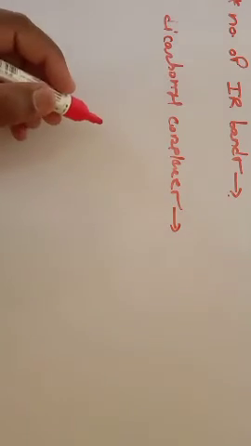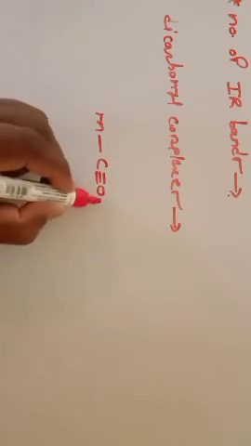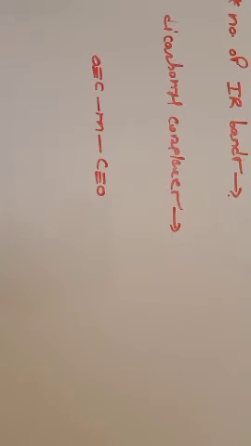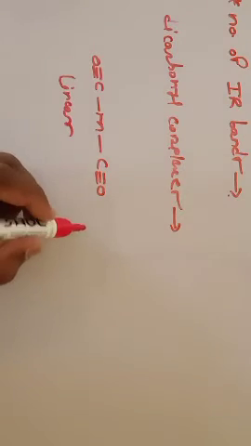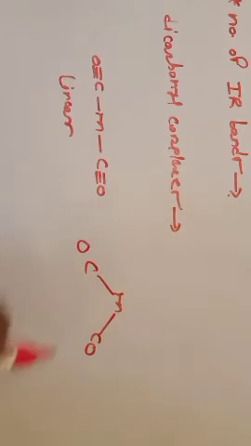This means there are two carbonyl ligands attached to the metal atom, and in this case there are two possible geometries. One is linear geometry, and the second one is bent geometry. This is the two geometries for dicarbonyl complexes.